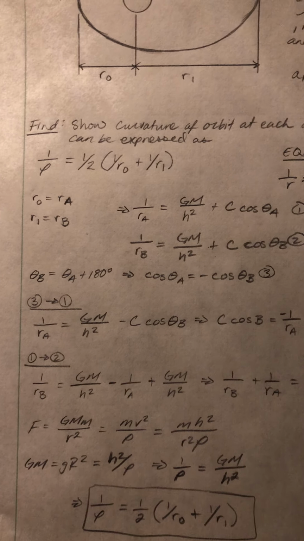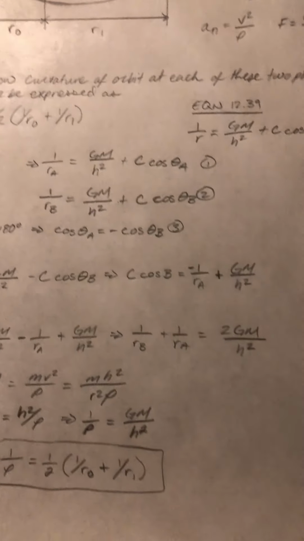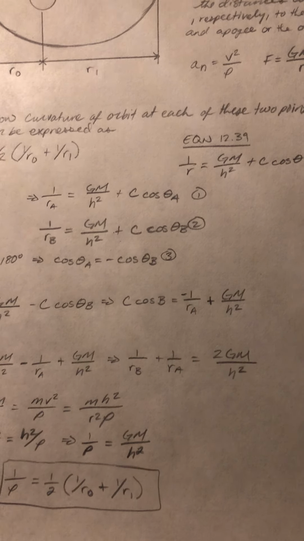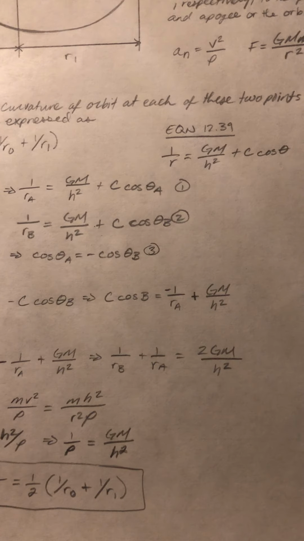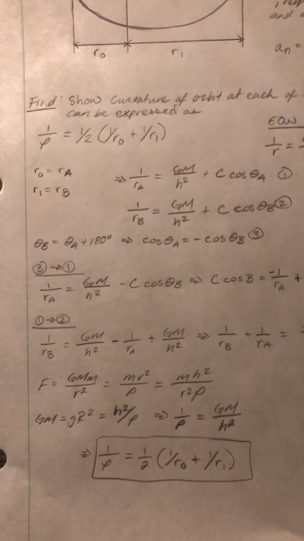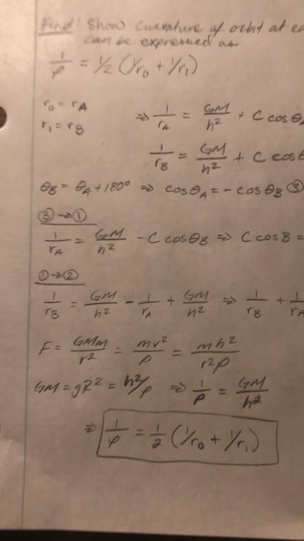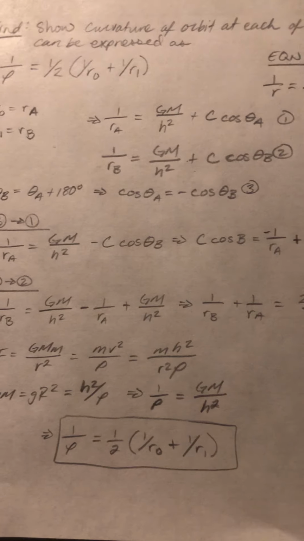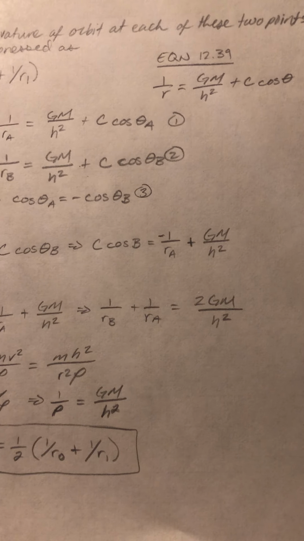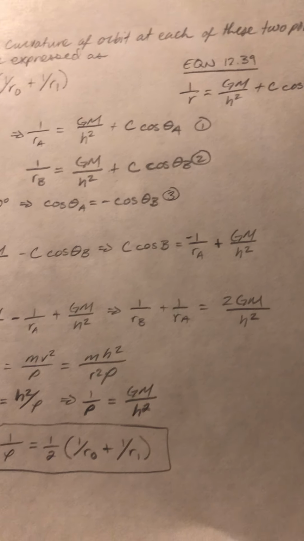So plugging in equation 3 into equation 1, we end up getting C cosine theta B is equal to negative 1 over the radius at point A plus GM over h squared. Plugging that into equation 2 and then solving that, we find that 2 times GM over h squared is equal to 1 over radius B plus 1 over radius A.